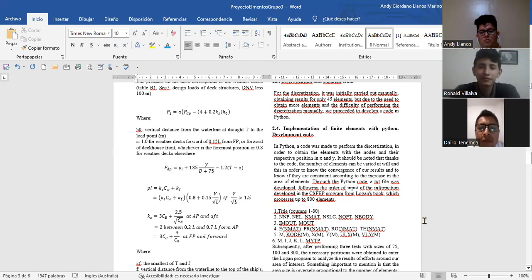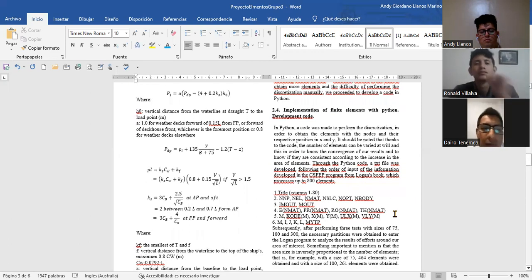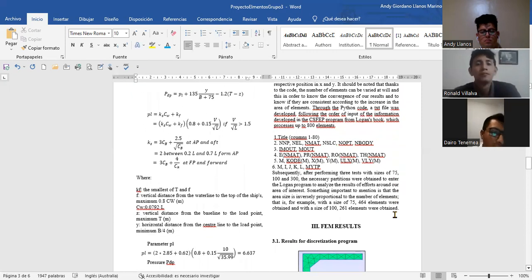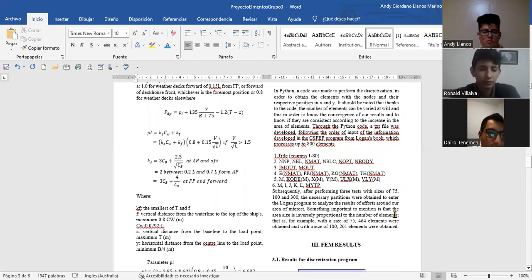Well, for the discretization, we use a Python program, with the libraries of meshes and MGH. First we developed the discretization manually, but this is very laborious, even for only 45 elements, so it was necessary to develop a program code.